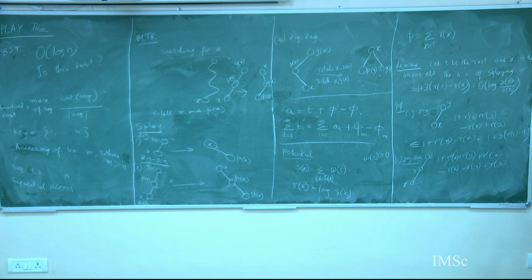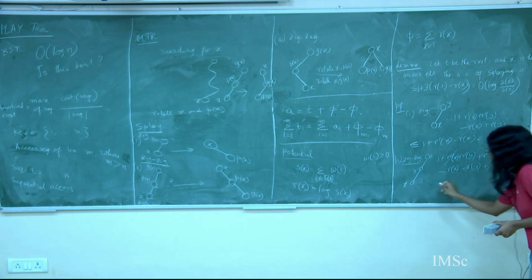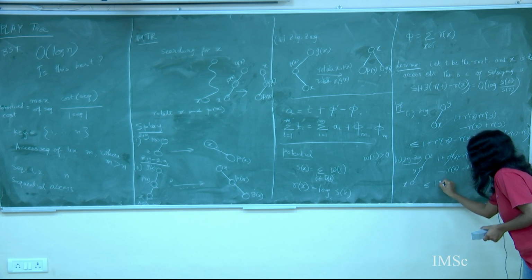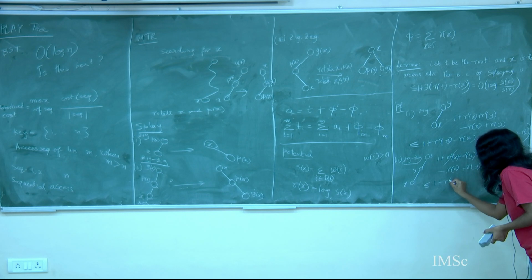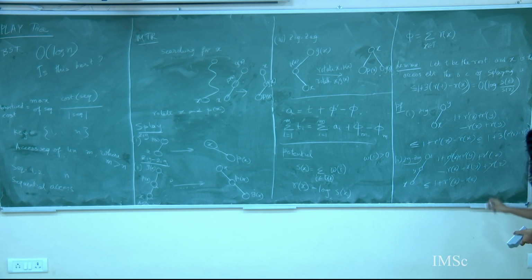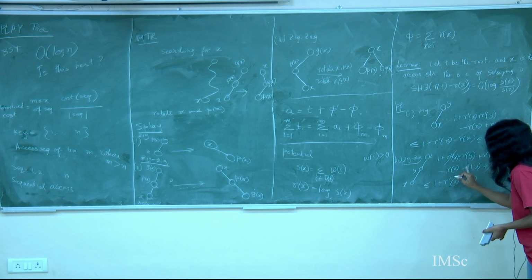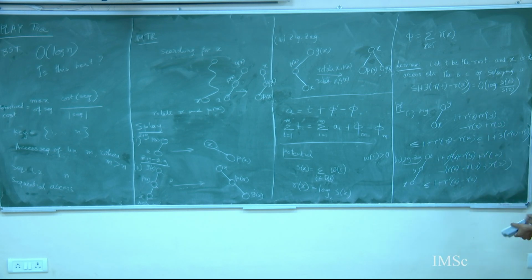Then, as we did here, since r of y is bigger than r prime of y, we can write it like 1 plus r prime of z minus r of x minus 2 r of y.